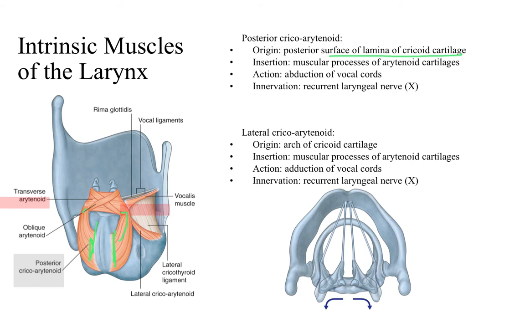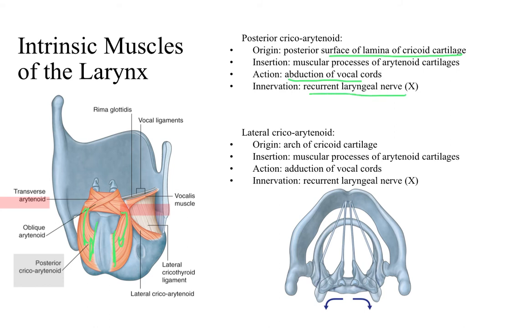When this muscle contracts, it's going to pull on the arytenoid cartilage and cause the abduction of the vocal cords, so it's going to separate the vocal cords from each other and open up the airway. Often this is called the safety muscle because it's responsible for maintaining airway patency during breathing. Its innervation is the recurrent laryngeal nerve.